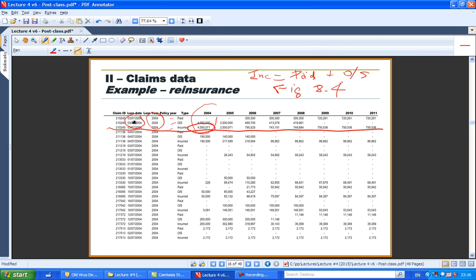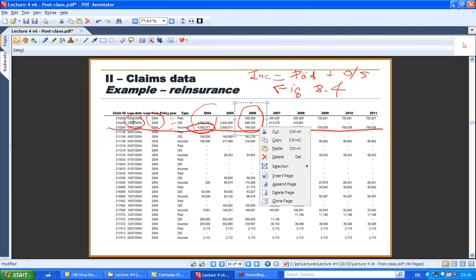In 2006 there's been another major revision of the estimated amount, now it's around 800,000, and at that stage the insurer has already started paying some part of the claim, around 300,000, and the remaining 500 here are still outstanding.